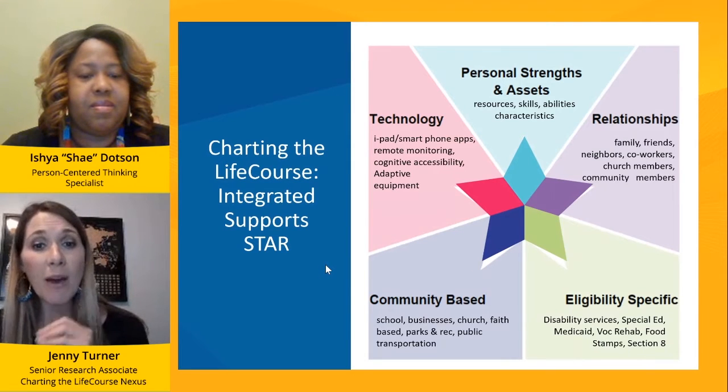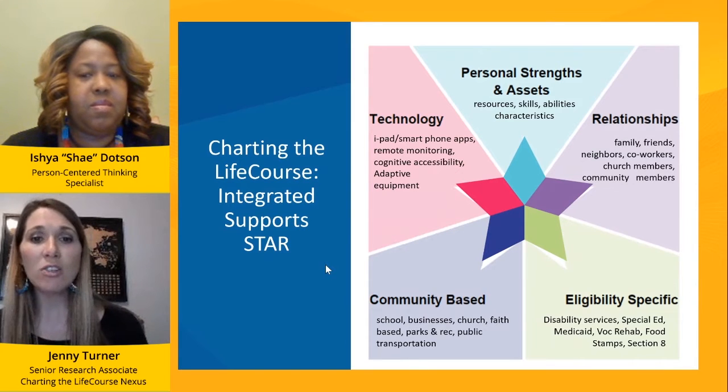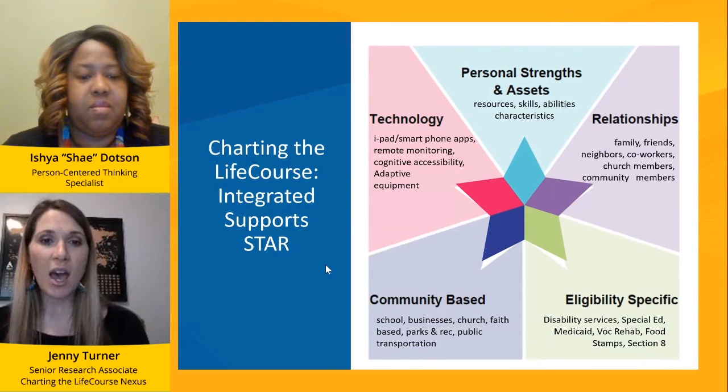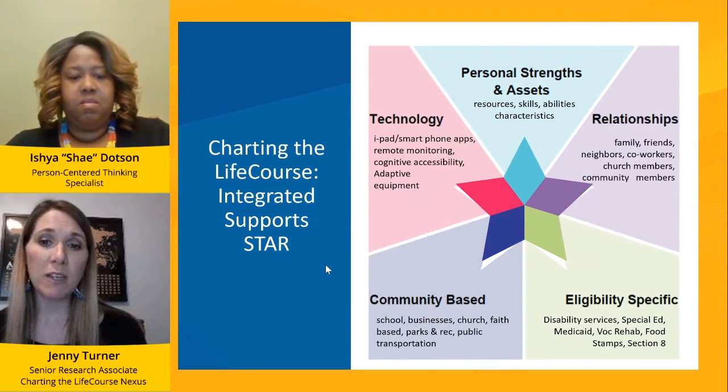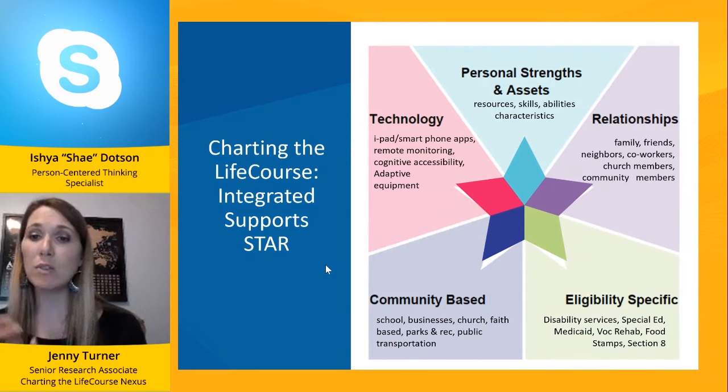We think about community-based supports, and those are places in the community or groups in the community that anybody can access. So businesses, faith communities, parks and rec, public transportation, things you don't have to qualify to receive. And then we also consider eligibility specific support. So these are the things like disability services, Social Security, some of those governmental supports that will help us to reach our goal.